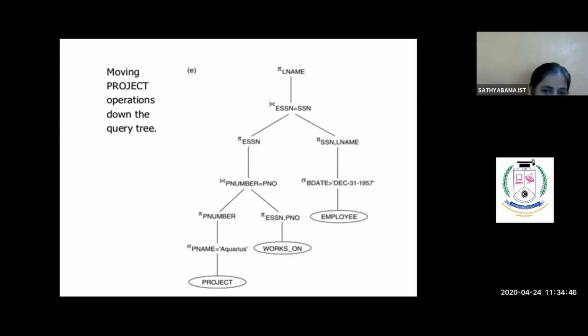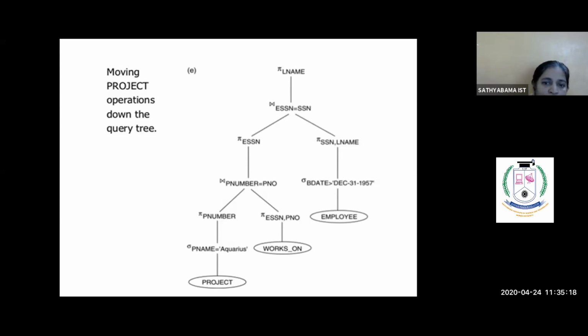And from this, again we have projected only P number. Once sigma P name equal to Aquarius, then all the rows will be there where P name equal to Aquarius. From there we need only P number attribute alone. So why do we have all the attributes again? So we filter again. We filter only that particular attribute, P number, from this table. That particular attribute is joined with ESSN and PNO.